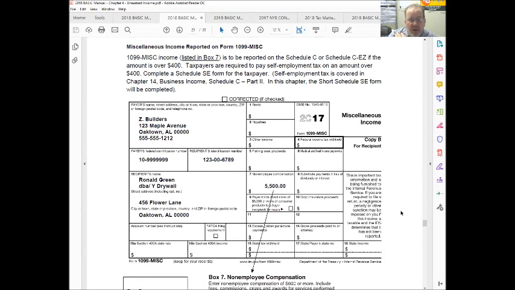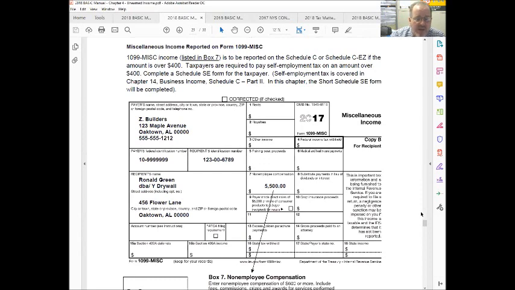Other income is truly where this is kind of originated. This is not like box 7 where it's non-employee compensation. That could be earned income. If I work for somebody, this one shows Z Builders, and it shows that there's $5,500 of non-employee compensation.